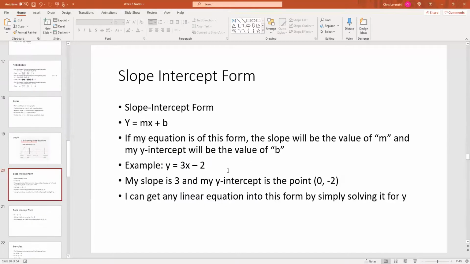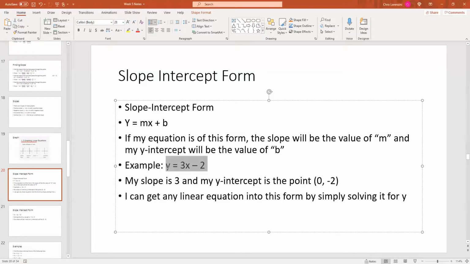We call it slope-intercept form because when we have the equation in that form, it tells us what the slope is and what the y-intercept is. So if y equals mx plus b, the slope will be the value of m, the number in front of the x, and the y-intercept will be the value of b.